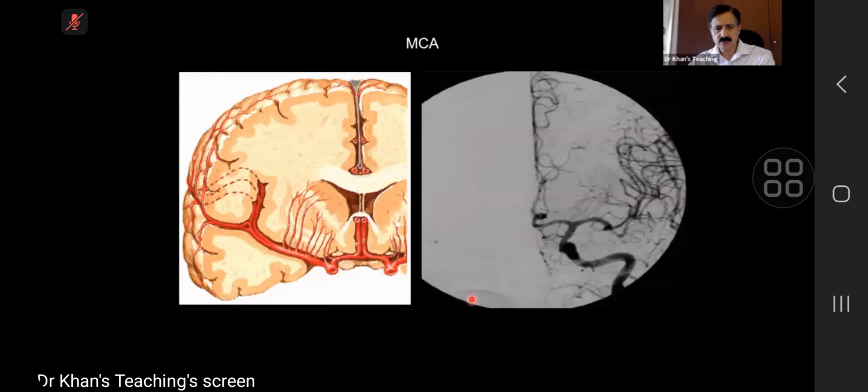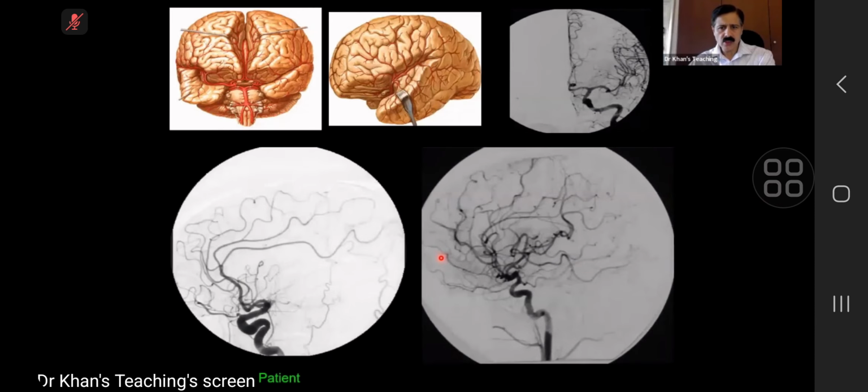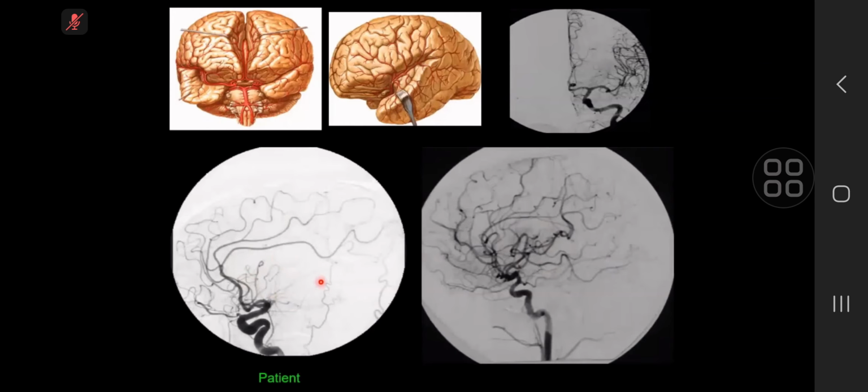Now, this is your case, and this is the normal. Once your eyes are developed, then you can see. Look at this. Everything is missing. Agree? Yes.